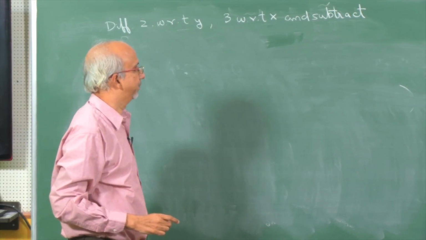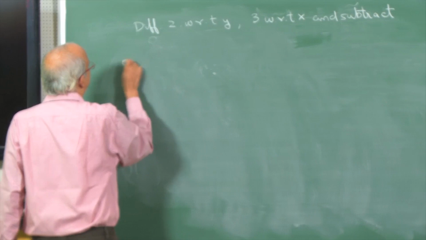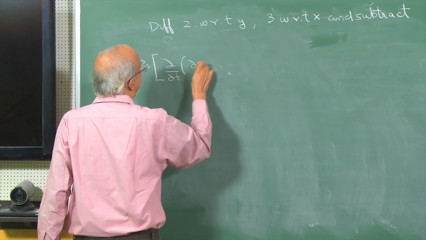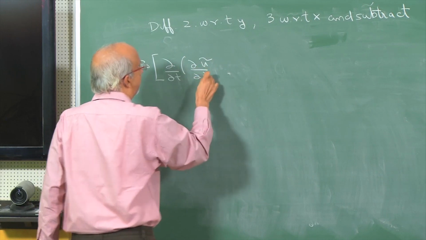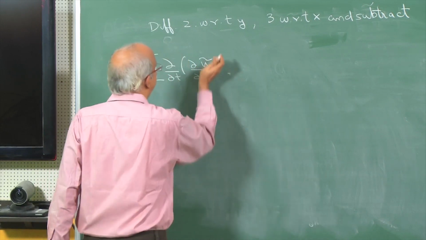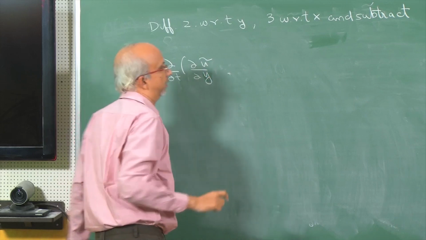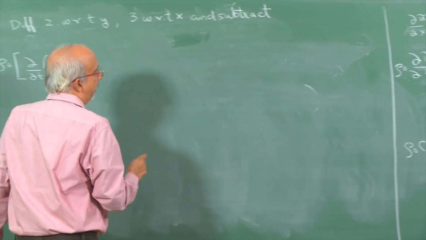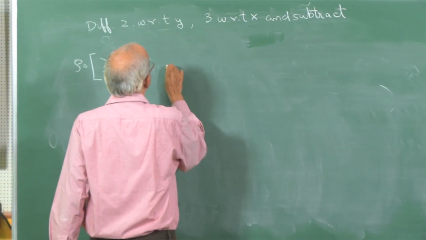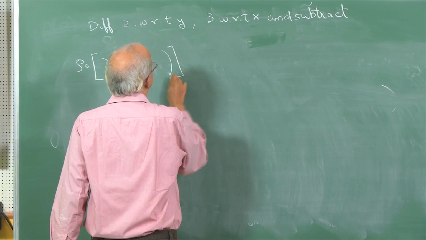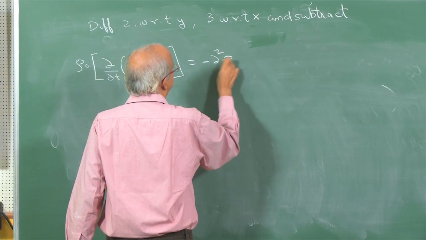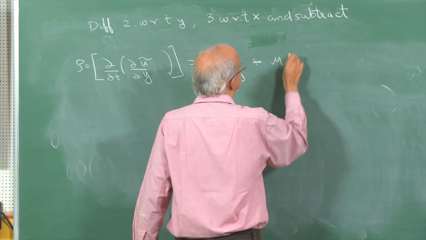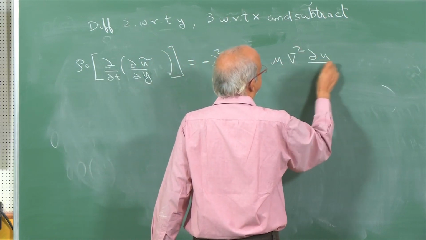What do I get? Rho naught times d by dt of du tilde by dx, sorry, du tilde by dy. I am differentiating this with respect to y, equals minus the second derivative with respect to x and y plus mu times second derivative of du by dx.